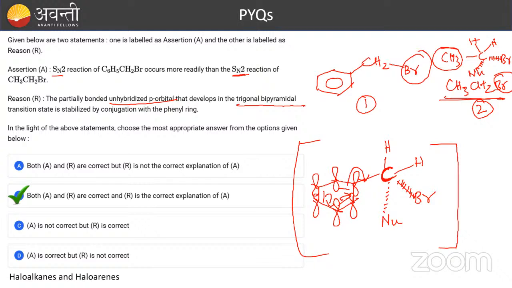Because we have five atoms. This is trigonal, and if I connect this and that, I get a bipyramid. That pentavalent transition state is stabilized by conjugation, which means delocalization with the phenyl ring. Got it? Is this question clear for all of you?